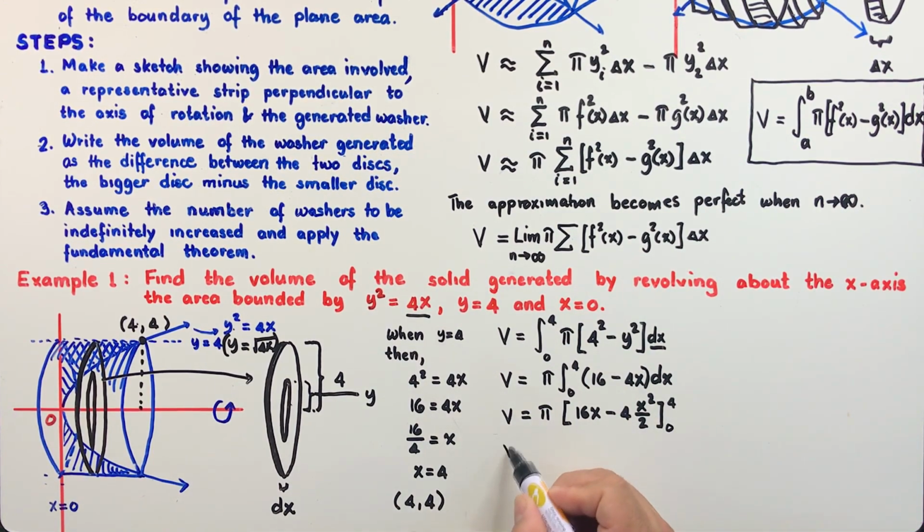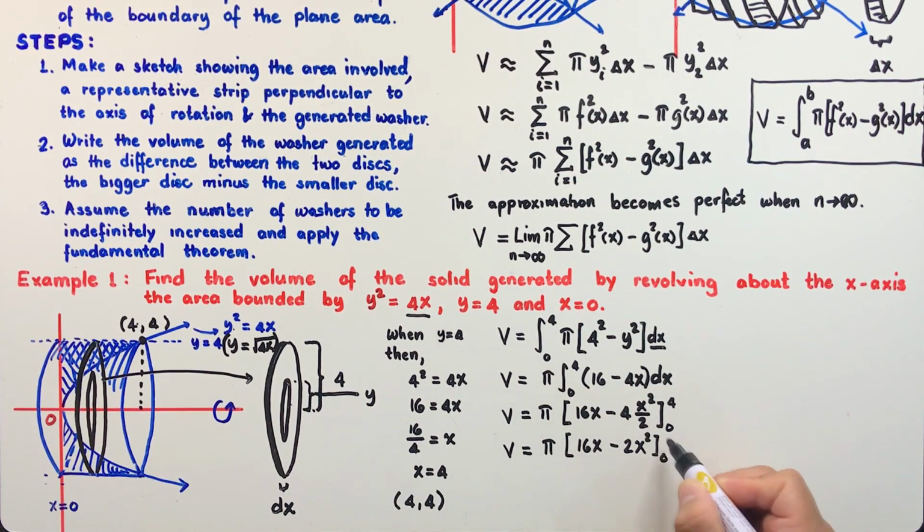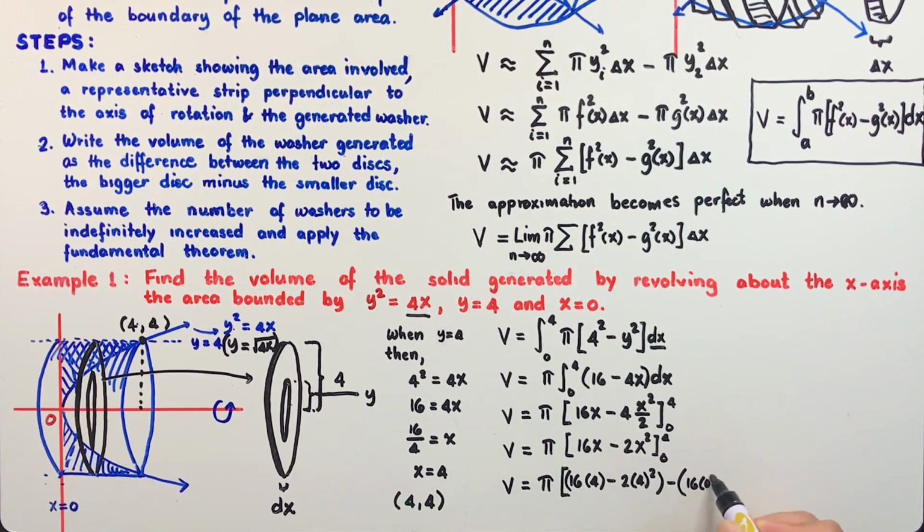So simplifying our expression here, we have 16x minus 2x squared evaluated from 0 to 4. Substituting our limits of integration, we have 16 times 4 minus 2 times 4 squared, and this will be subtracted by 16 times 0 minus 2 times 0 squared.